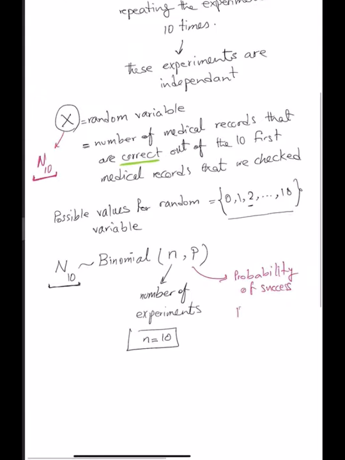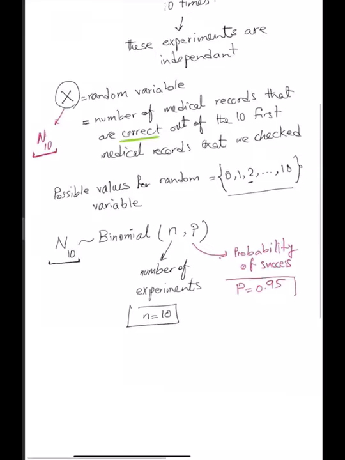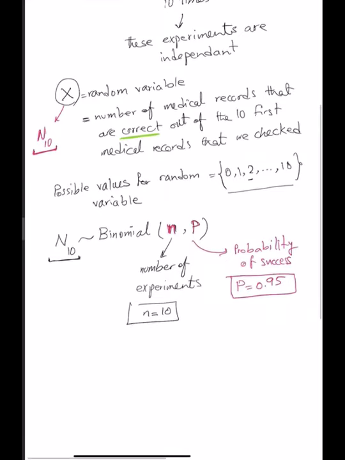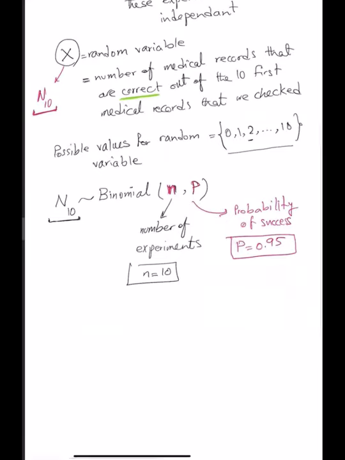Meaning that the record is correct, it happens with probability of 95%. It's given in the problem. So if I have these 2 parameters for a binomial distribution, n and p, then I can answer any question related to a binomial random variable.